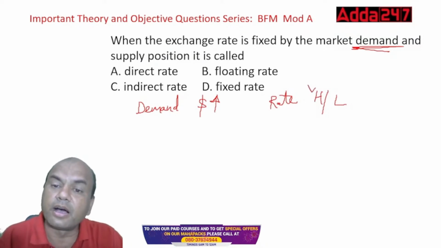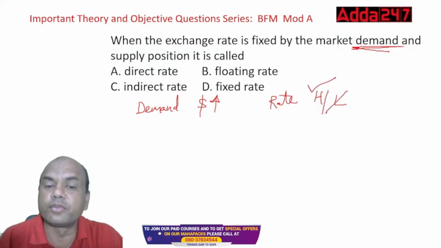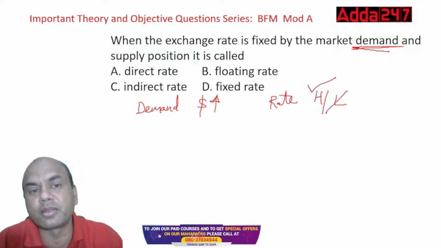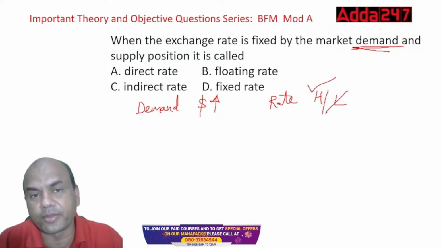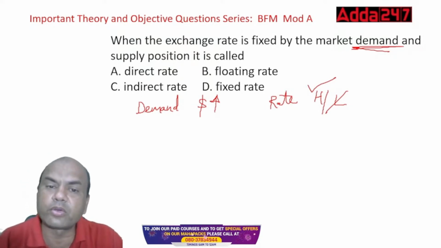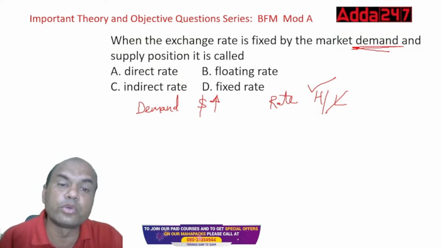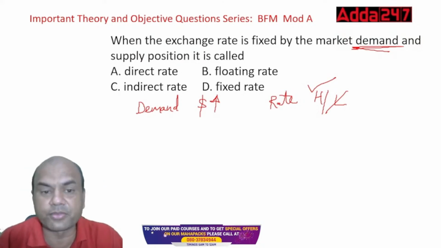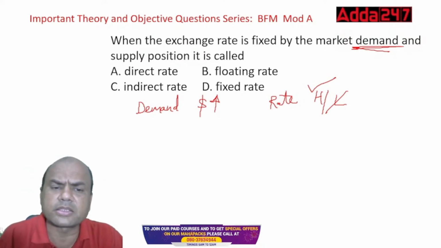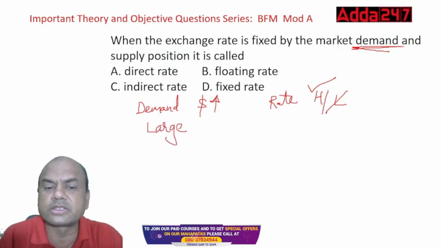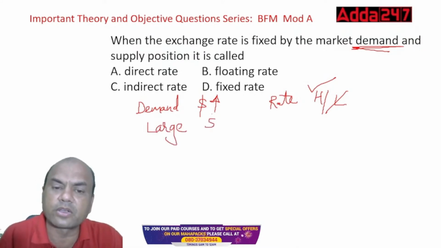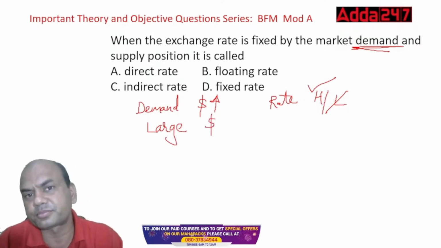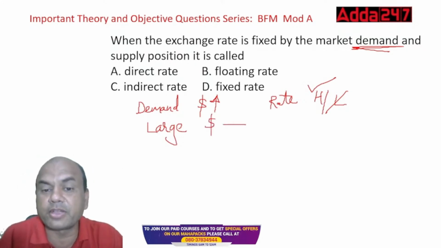It is high, correct? So your logic is very simple. If the demand for any commodity is high, the rate for that commodity will go up. This happens when you have huge fund flows coming in. Suppose in India, a large amount of dollars is coming in. Everyone is investing dollars. Then what will happen? In that case, the supply will increase.